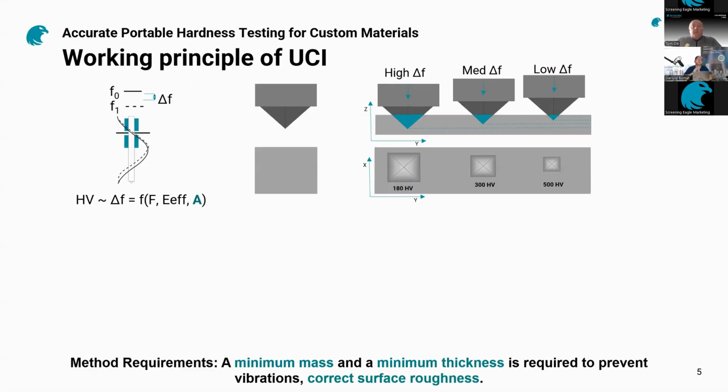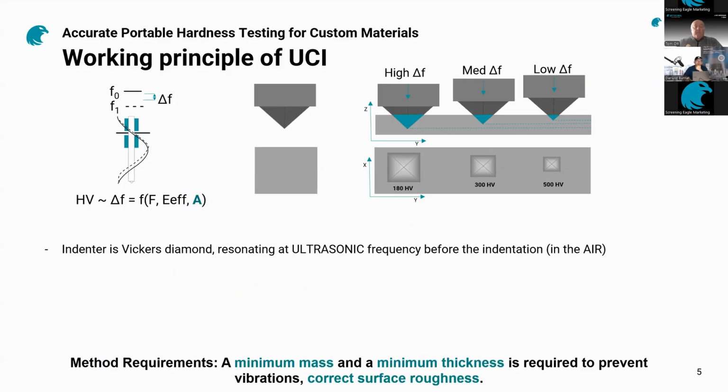So let's move on to UCI. What does UCI stand for? UCI stands for ultrasonic contact impedance. If you look at the graphic on the left, we have a diamond that's vibrating at a resonant ultrasonic frequency before the indentation.